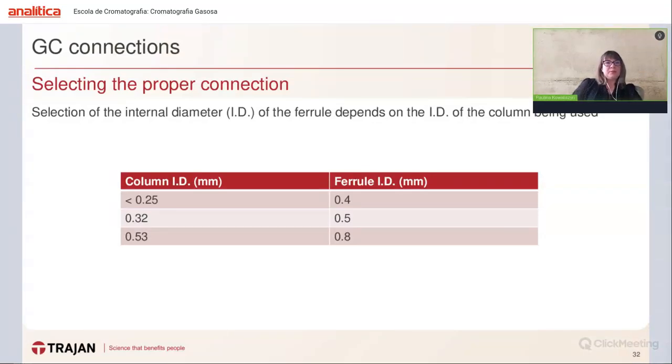So 0.4 millimeter hole size will be suitable for columns with 0.25 or less millimeter ID. 0.5 hole size ferrule will be suitable for 0.32 millimeter ID columns, and the larger ones, 0.8 millimeter hole size, is suitable for 0.53, so wide bore capillary columns.